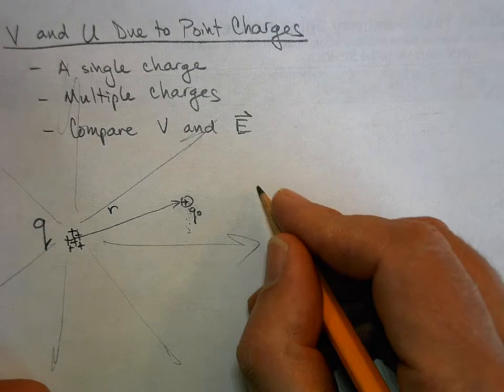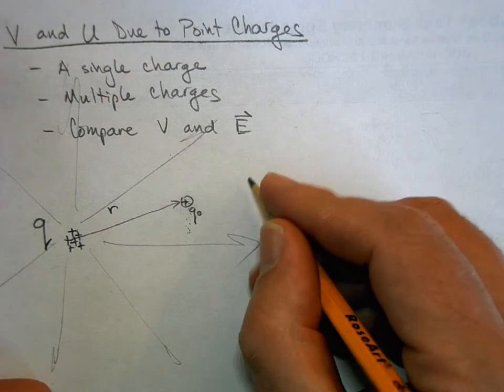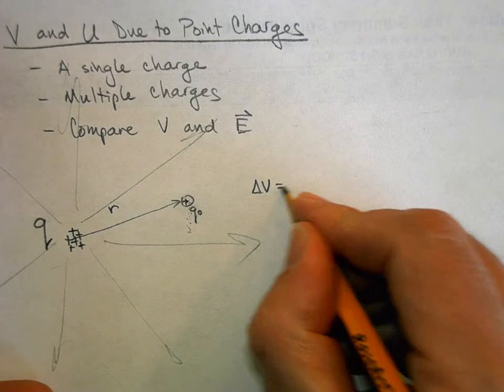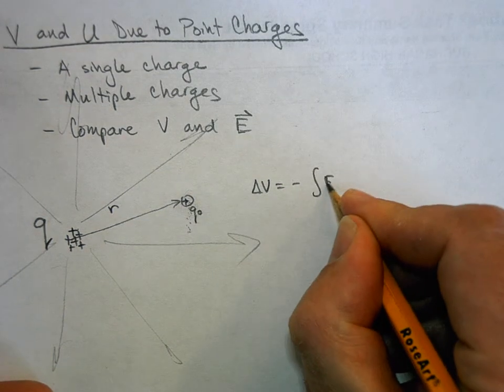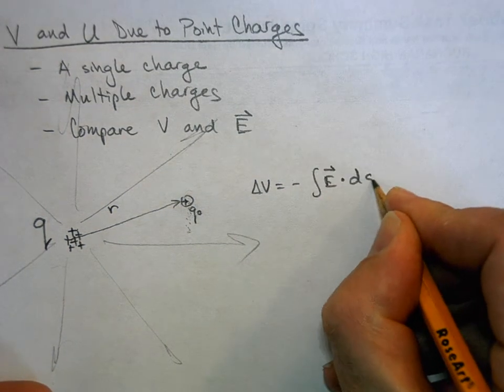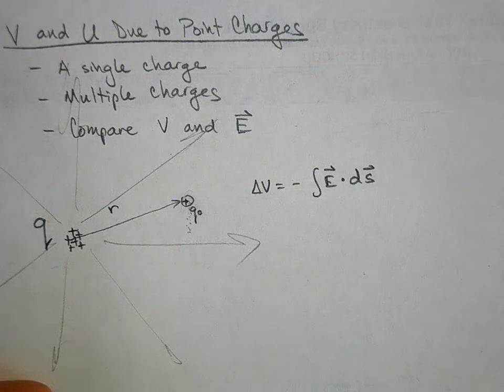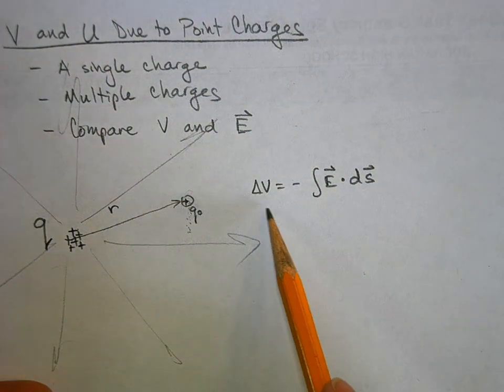And what we did, of course, is we said that a change in voltage is equal to negative E dot ds. This is the definition of a change in voltage.